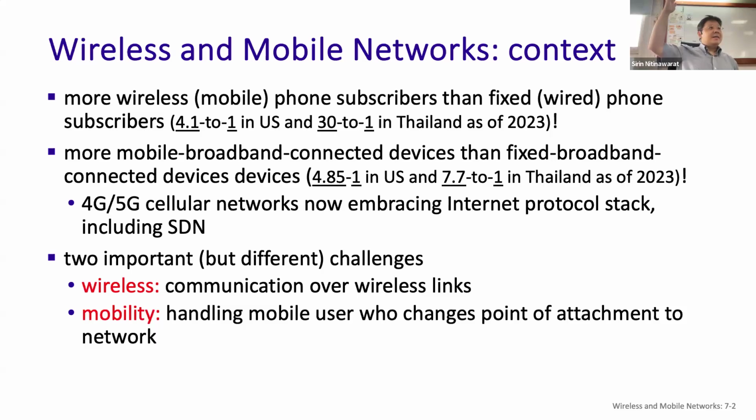Currently, just look at your phone. What do you see in the cellular connection? 5G, right? In some areas, you still see 4G. In some areas where the coverage is less, maybe you see 3G.